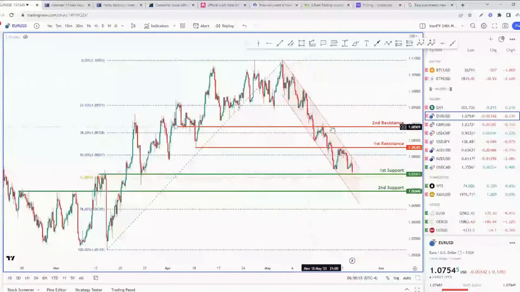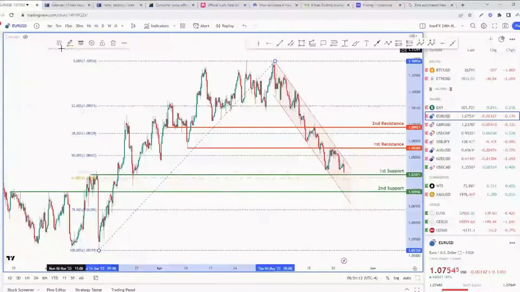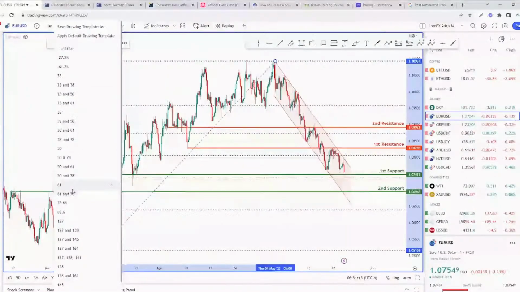And although it didn't act as a very good support area, in the end it ended up acting as a fairly decent resistance area as well. So you can see the benefits of how overlapping horizontal levels can potentially act as resistance and support levels as well.